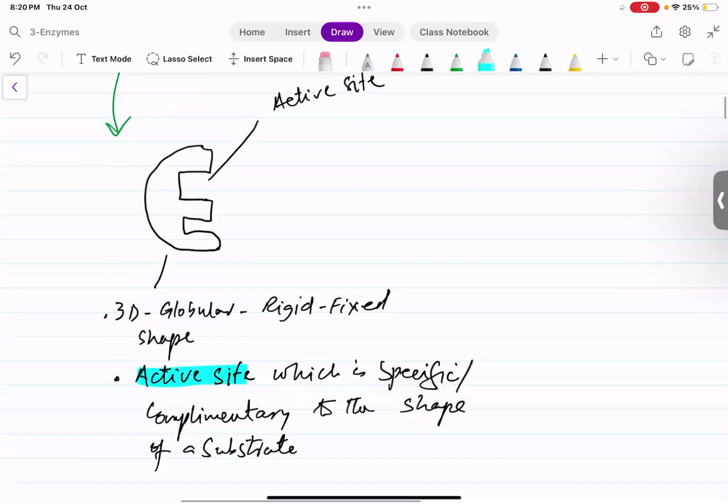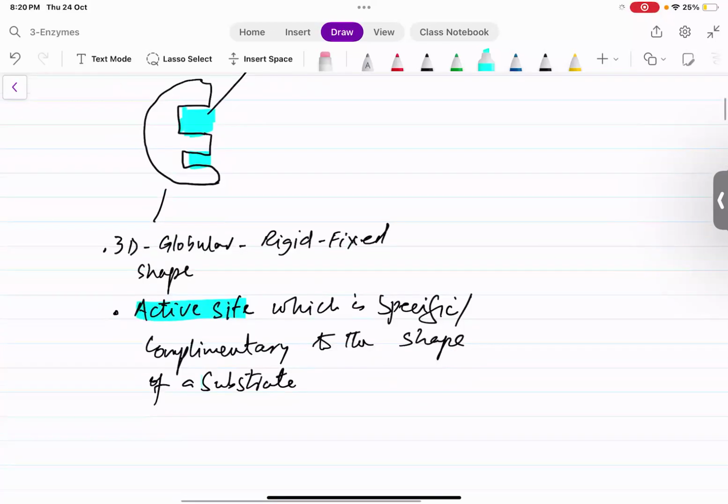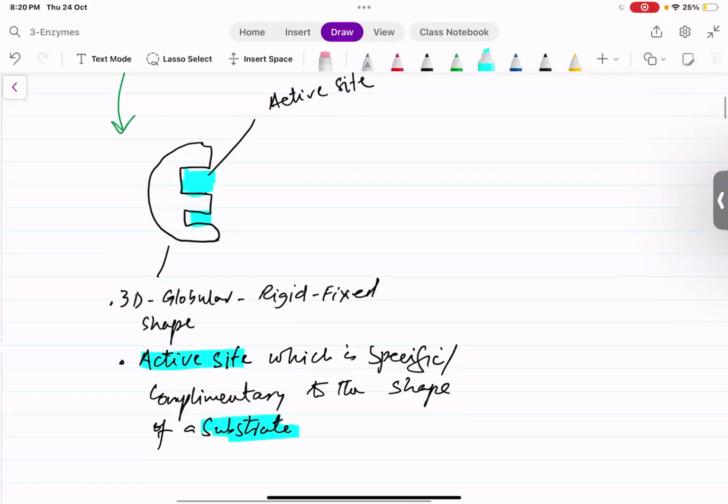So how do we describe an active site? The active site is this cavity or depression on one side of an enzyme where a substance can bind itself. A substrate is any substance that could be converted into the product by an enzyme. This substrate molecule is represented with an S, and we have this E, an enzyme.